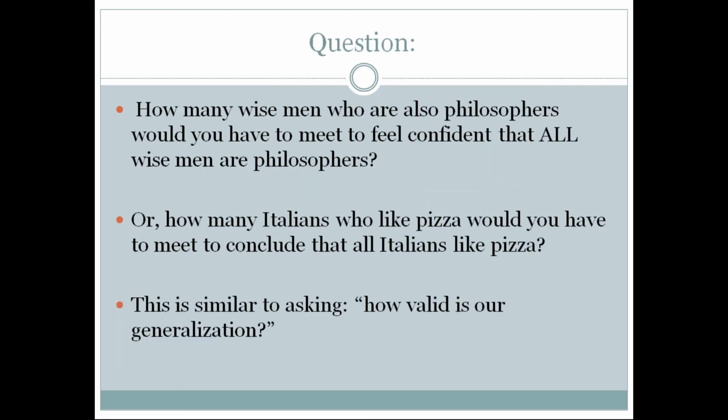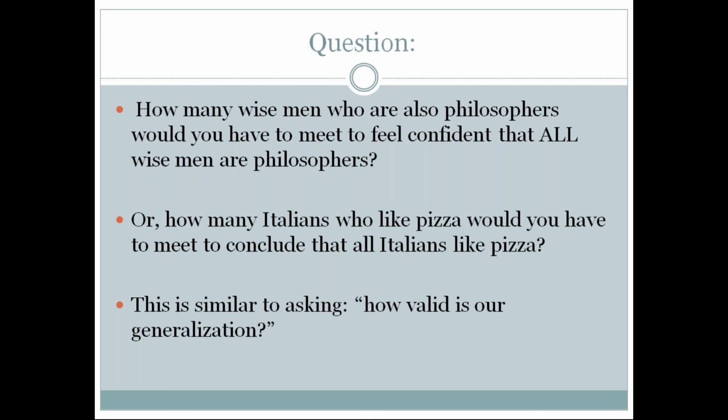So your task is to look for the type of evidence that would be necessary to complete the argument and make it valid. So how many Italians who like pizza would you have to meet to conclude that all Italians like pizza? You'd have to meet all of them.